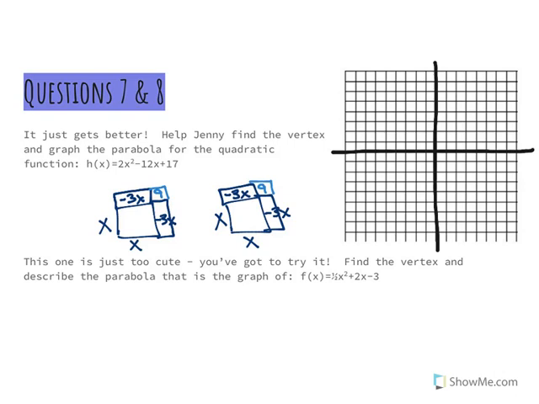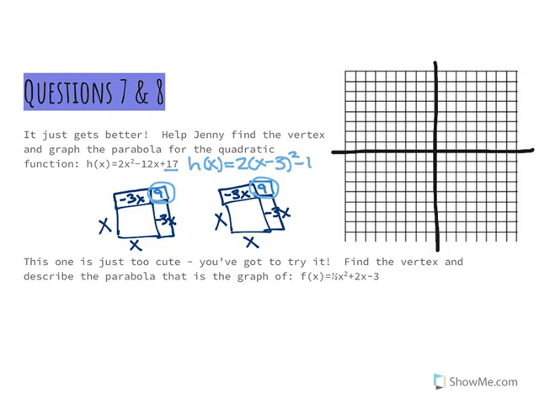So when we're looking at this and writing vertex form for this problem, her function will be h of x equals 2 times x minus 3 squared. Now for her 17, she's got a total of 9 plus 9, which is 18. She needs 17, so she's going to take away 1.